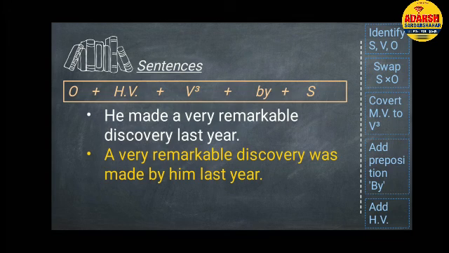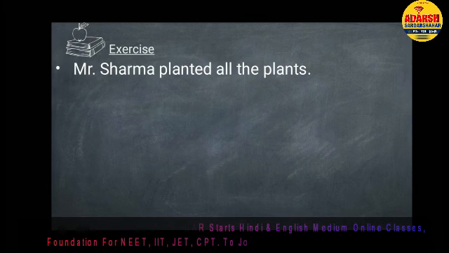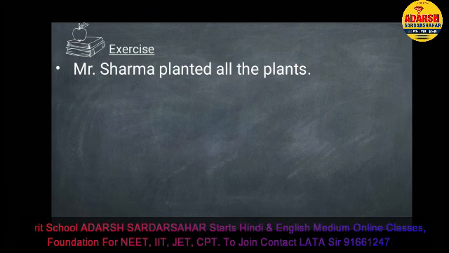Now let's take an exercise. So let's start. The first sentence of this exercise is Mr. Sharma planted all the plants. Here you can see that this is an active sentence, and here the helping verb is only verb second form. So it means the sentence is of past simple, right? So let us identify subject, object and verb according to our first step.